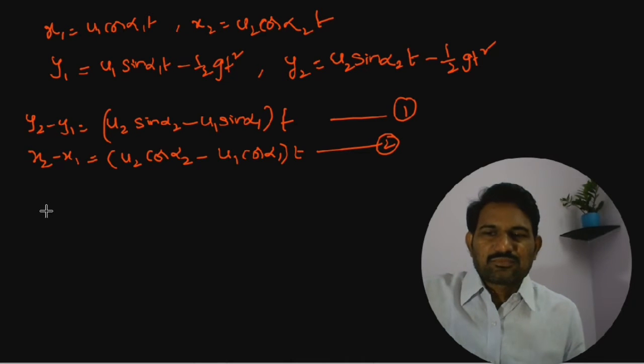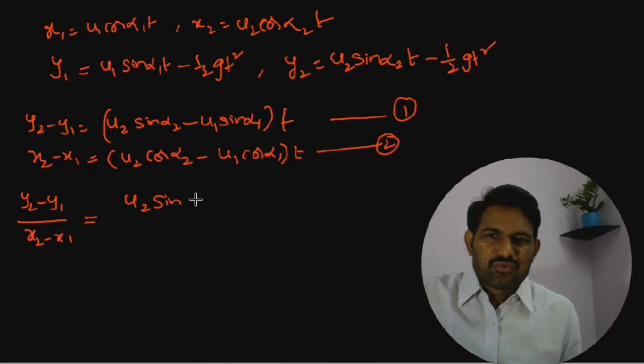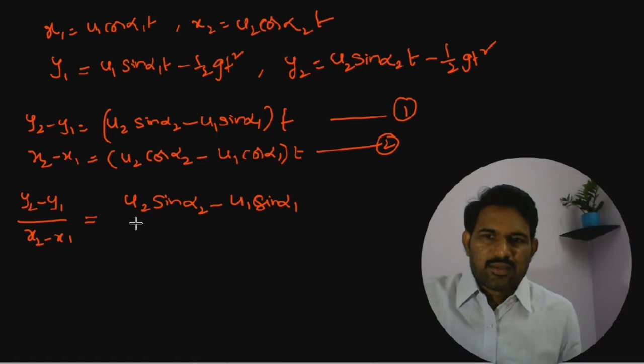If you find the ratio of these two, y2 minus y1 by x2 minus x1, then the t term will be cancelled, so that you get u2 sin alpha 2 minus u1 sin alpha 1 by u2 cos alpha 2 minus u1 cos alpha 1.